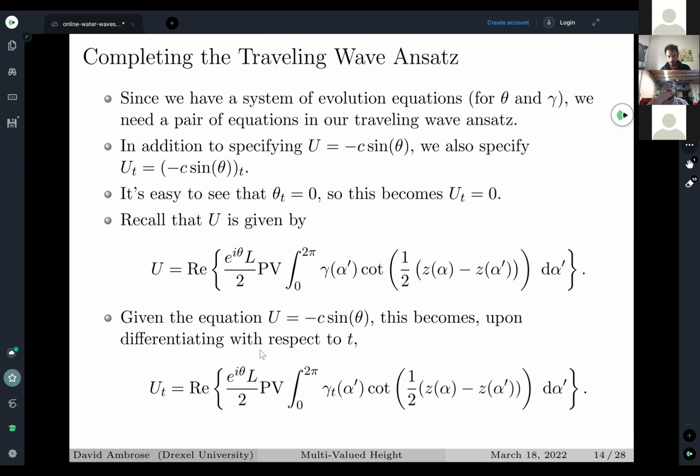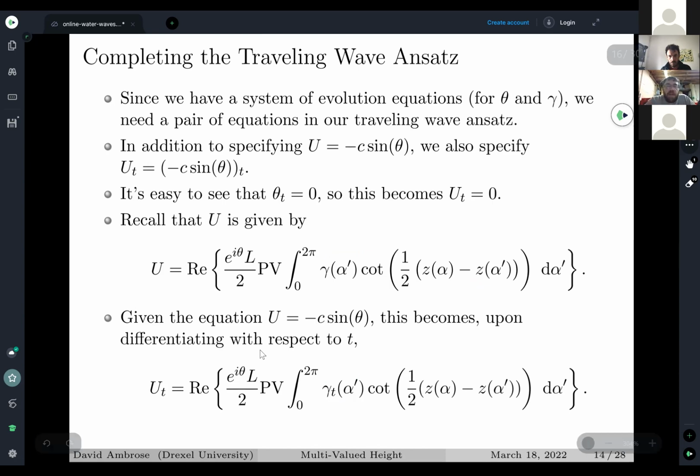They're going to give me 0 because the length is not changing. The tangent angle is not changing. Technically, z is changing, but I'm subtracting the time derivative of the other z. z is x plus iy. It's the position of the curve. z_t is equal to c. And so when I take the time derivative here, I get c minus c, which is 0. So the only place the time derivative lands is on this gamma.